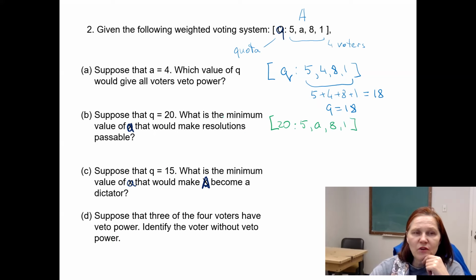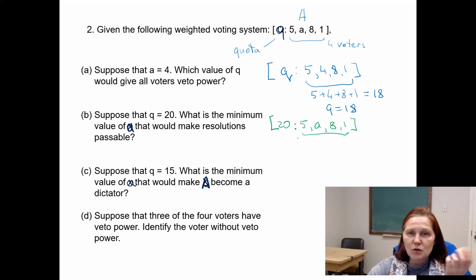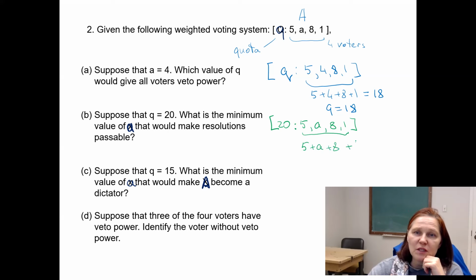What is the minimum value of A that would make resolutions passable? A similar question. If the sum is less than 20, then no resolution is passable. So the sum 5 plus 8 plus 8 plus 1 must be equal to 20, and it is only possible if A equals 6.